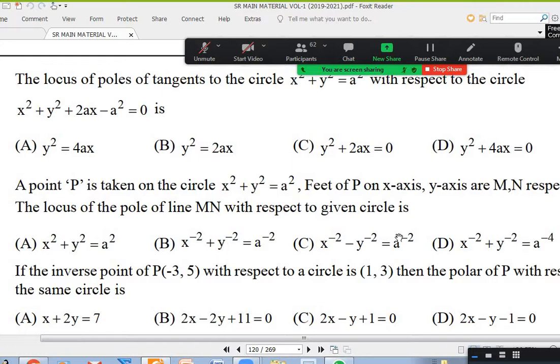You can take a point P on the circle, take any point P, drop feet of that on the x axis, M, and on the y axis, N, and join these two, you will get a line. And that line will have a pole with respect to the same circle, but that is outside. This is P, and they want this point's locus.